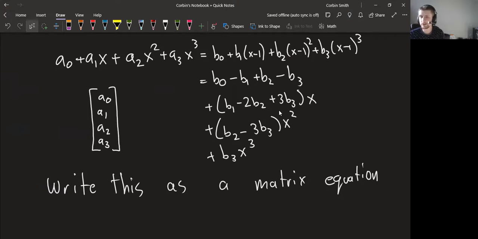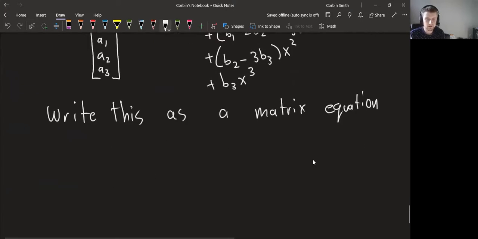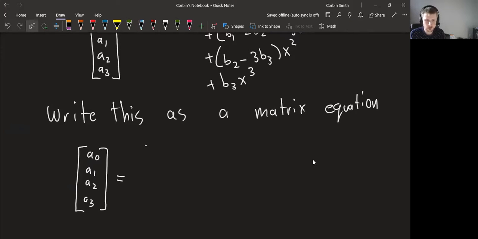This one is going to be a little bit more tricky, so let me rewrite this down here. We're going to have a change of basis matrix here. What's a change of basis matrix? This is what we multiply b0, b1, b2, b3 by in order to get back into a0, a1, a2, a3.